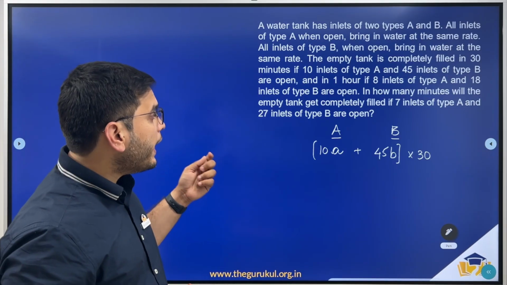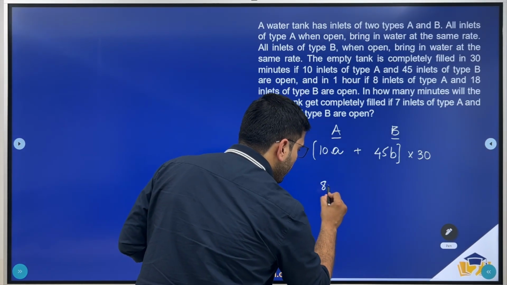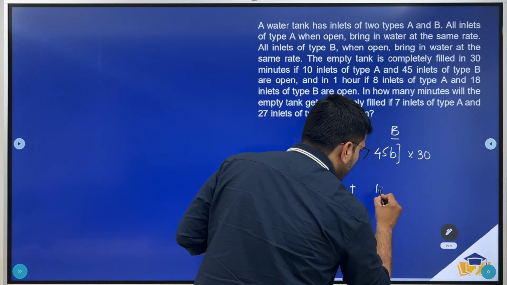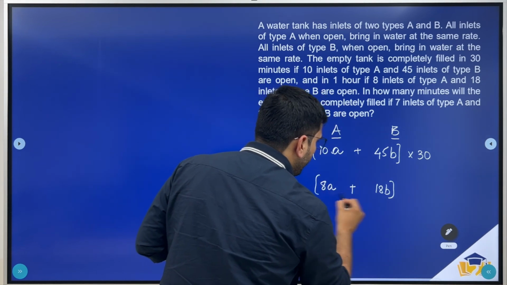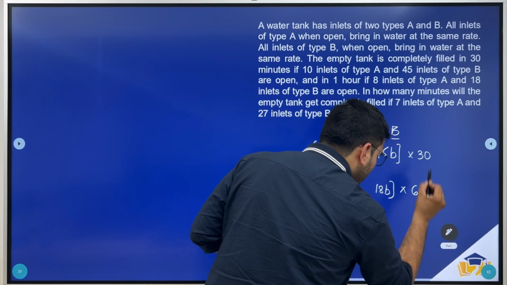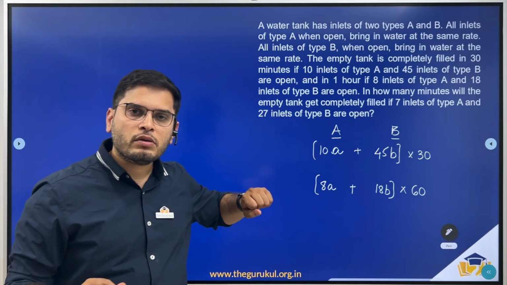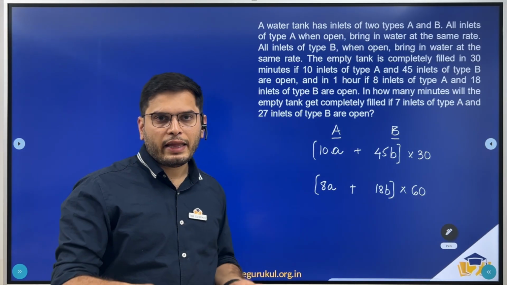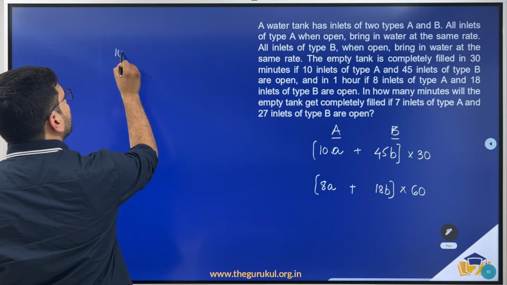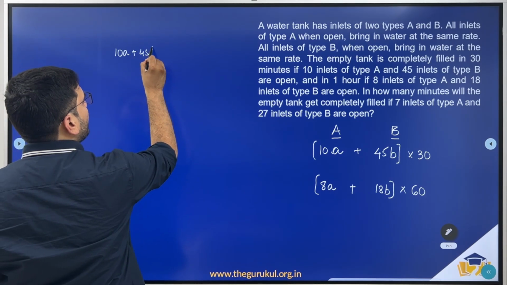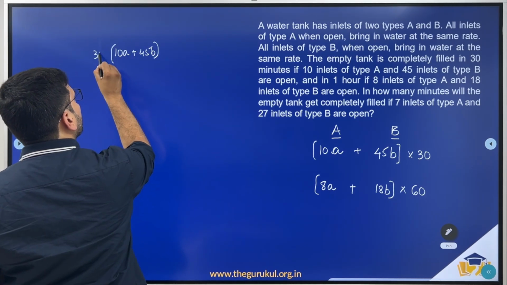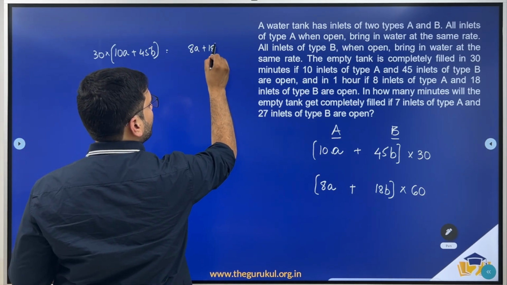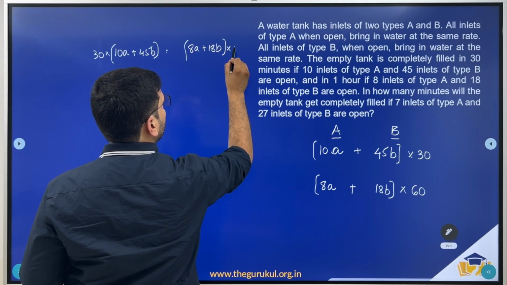Similarly, 8 inlets of type A, 8A plus 18 inlets of type B, 18B will fill the same tank in 1 hour, 60 minutes. Now in both the cases, we are discussing the same tank, right? So these two are nothing but the volumes of the tank. They have to be equal. So (10A plus 45B) into 30 should be equal to (8A plus 18B) into 60.